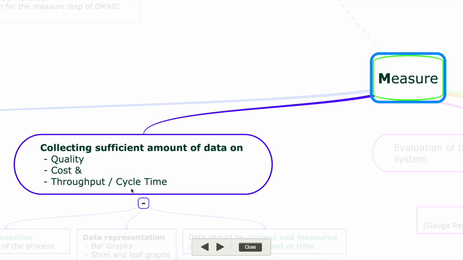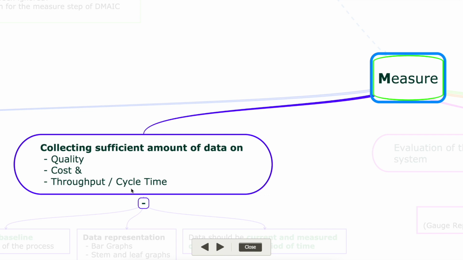If we collect too little data, our information will be too little, so we will be losing some of the information that might be useful to understand what is really going on. Or if we collect too much data, we might be wasting resources and time on collection of that data.